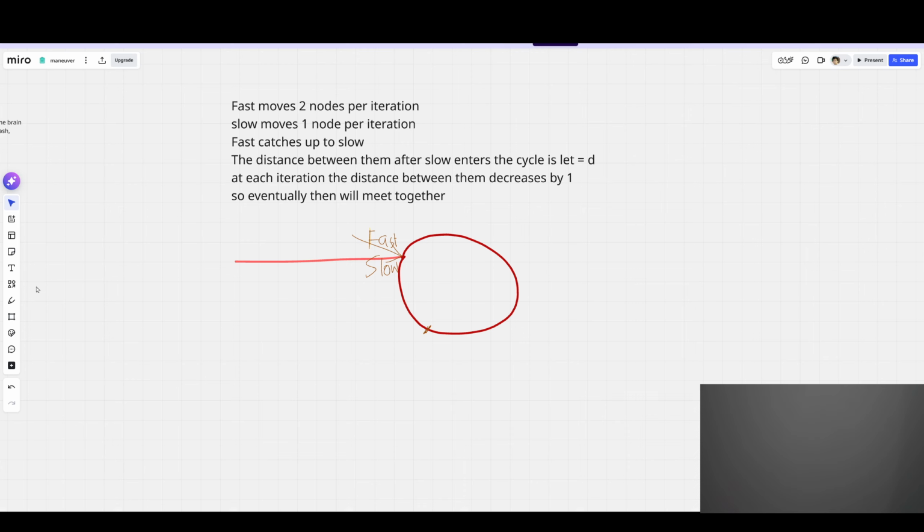Why does this work? Because we can think of the whole linked list as some segments.